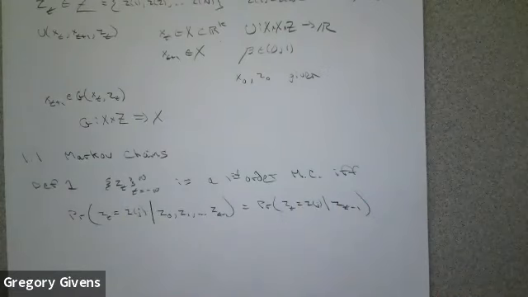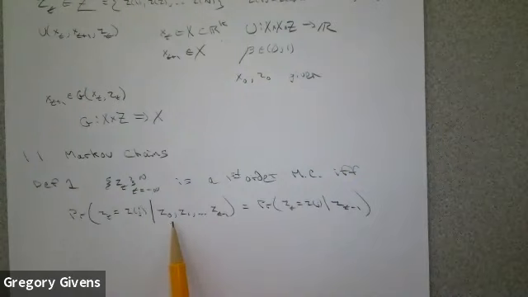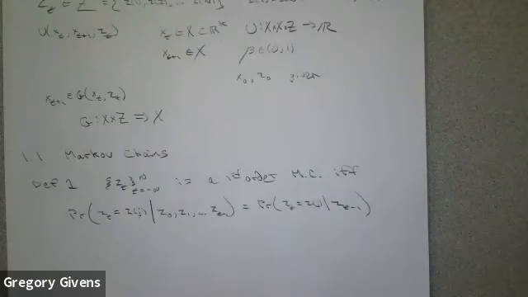Now let's stop here and think about what this says. You've observed the history of Z's all the way up through period t minus 1, okay? And what you want to do is determine the conditional probability that Z_t is equal to z_j in period t.